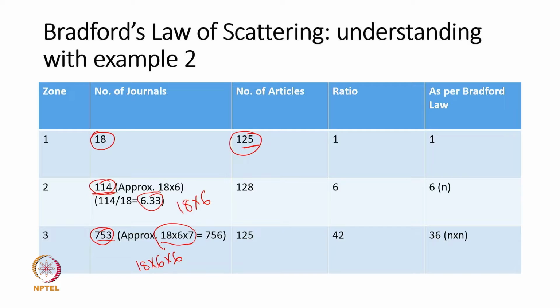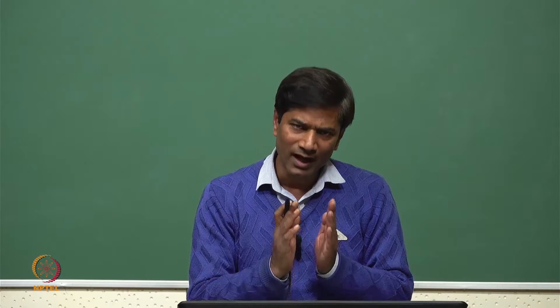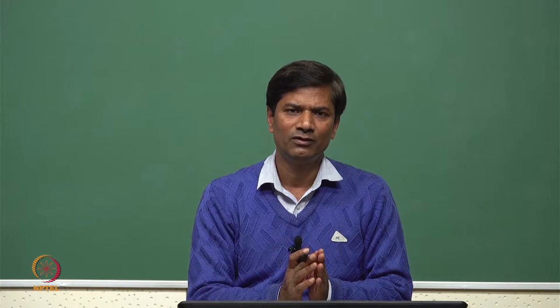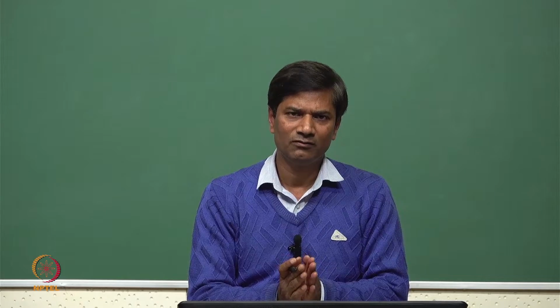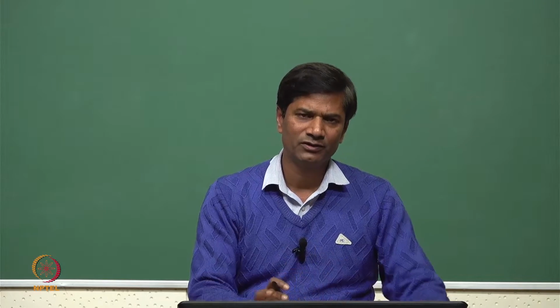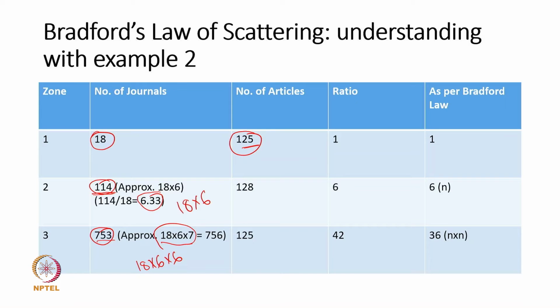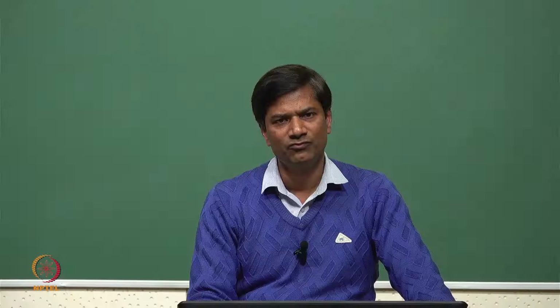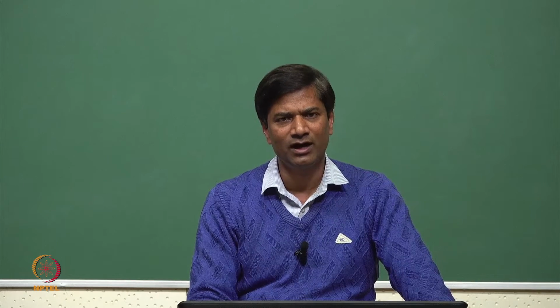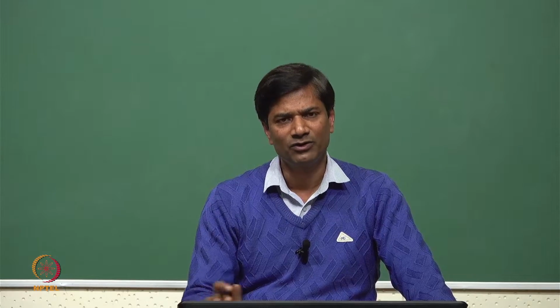So it happens because the actual number of journals varies, because when we are compiling a bibliography, we are calculating the approximate number of journals, and by that way we are finding the core journals which contain the maximum number of articles and the peripheral journals which contain fewer articles.